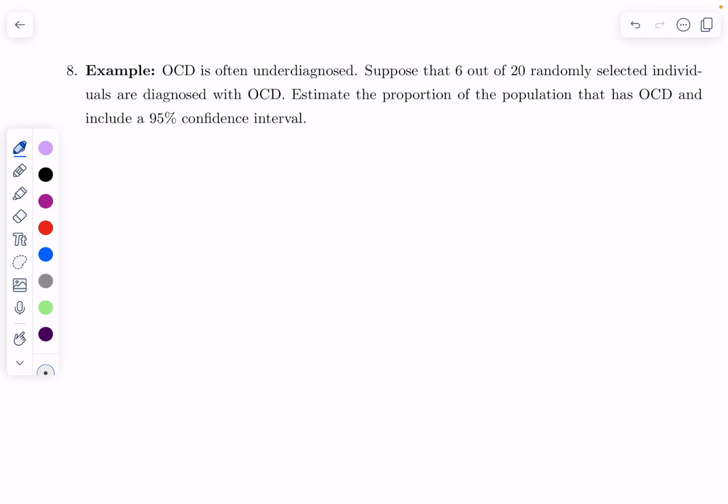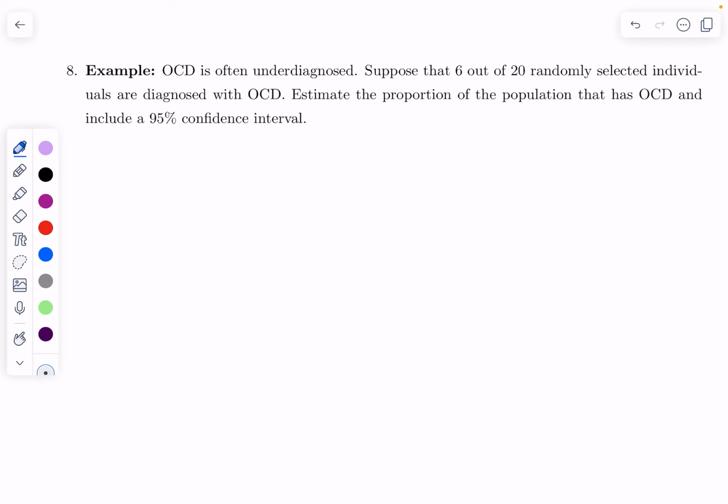I'm going to give you a moment to work through this problem so that you can find the population proportion, the standard error, and then the confidence interval. So you can pause this video, work on the problem, and then I will go over the solution.